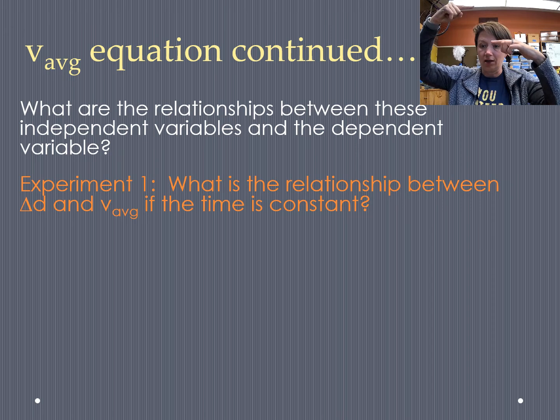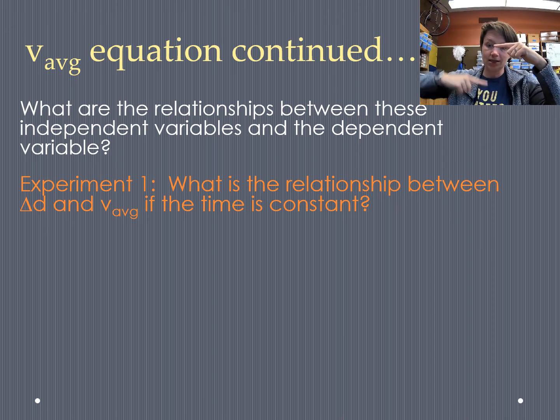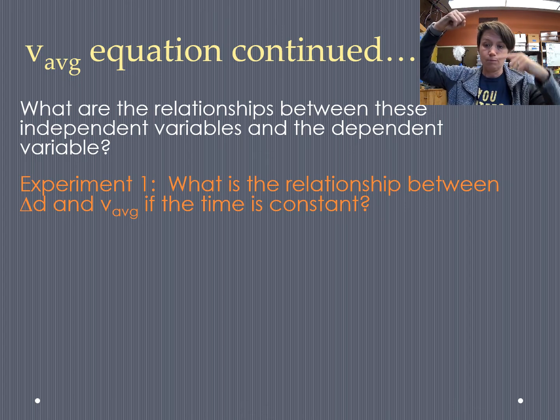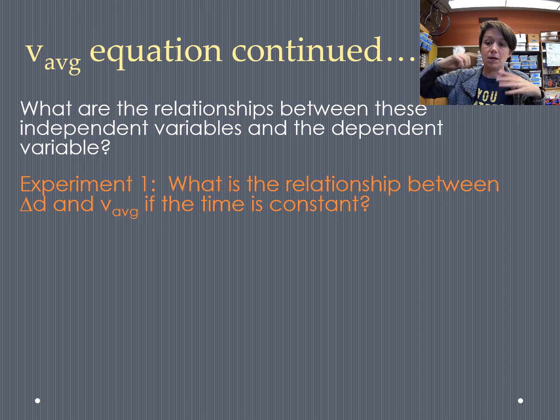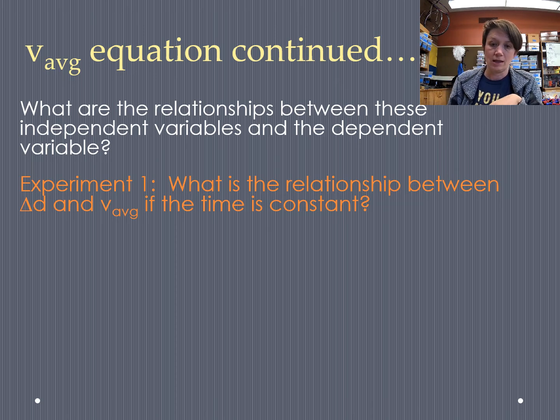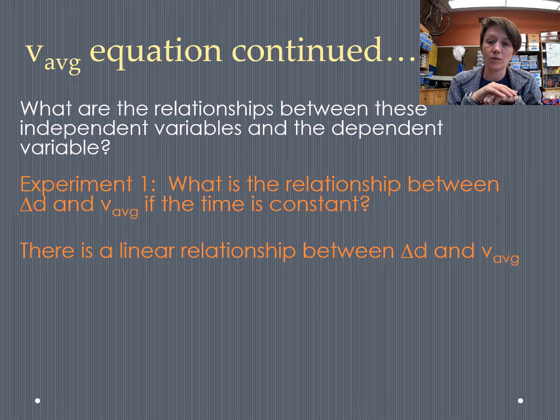Now stop. Okay, they've moved for the same amount of time. You should see that the distance the car travels is bigger than the distance the bike travels because the car has a bigger velocity. So the more the velocity, the more the distance. Hopefully that feels to you like there is a linear relationship between delta D and V average.